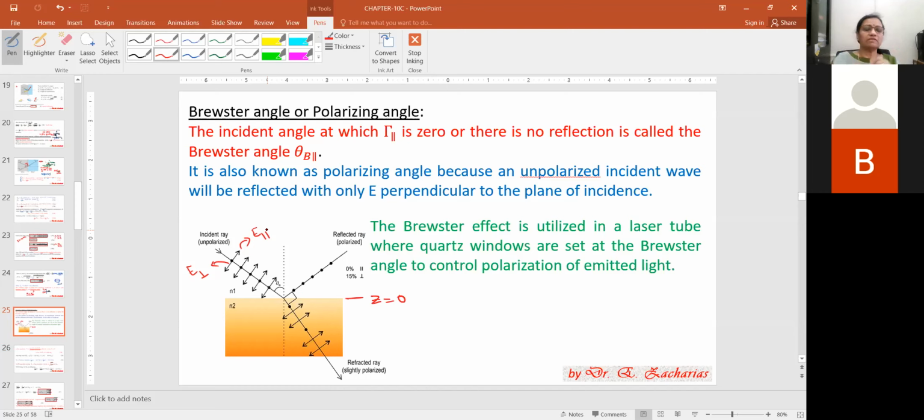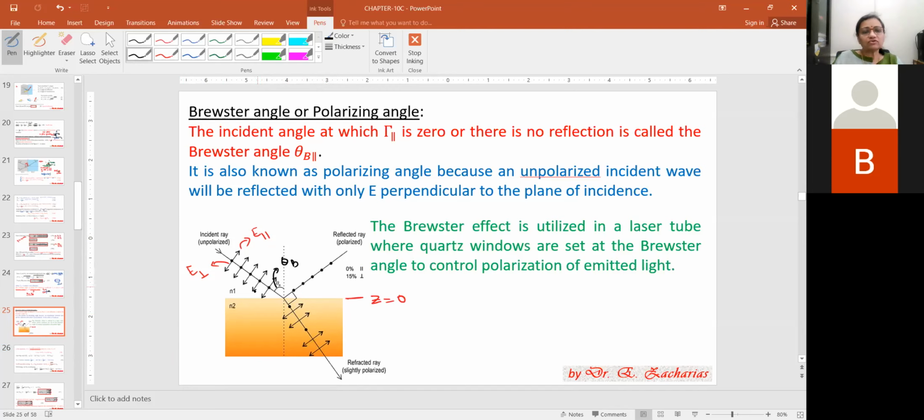Both components are there. So when you allow this to hit at the Brewster angle, given here as theta B, no reflection should happen for the parallel polarization.